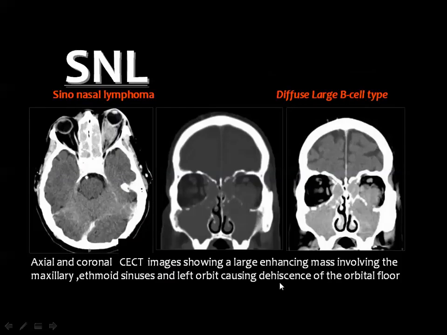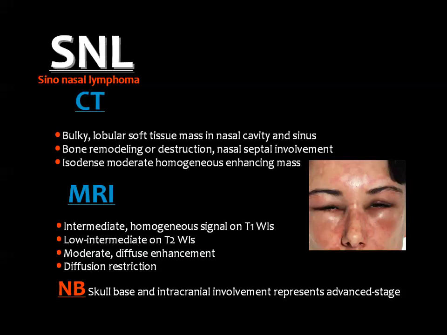is also common. And here you can see a mass which is infiltrating the ethmoidal air cells and maxillary sinuses, encroaching or extending inside the orbit. And as I have mentioned, lymphoma is considered one of the four common lesions affecting this area.